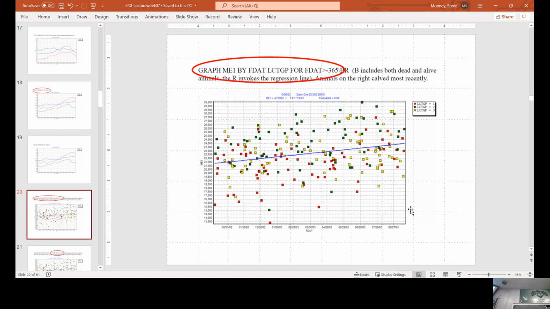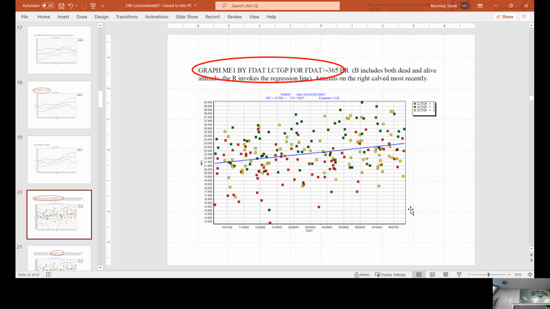So we need to graph our mature equivalent by fresh state, by lactation group. And then for animals that are greater than or equal to minus 365, those are animals that freshened in the last year.